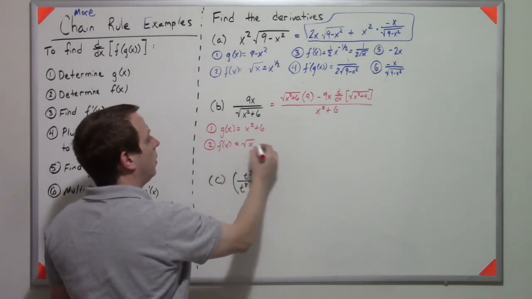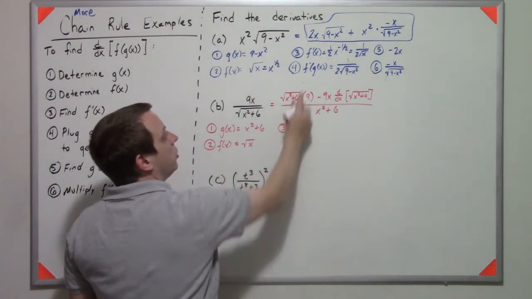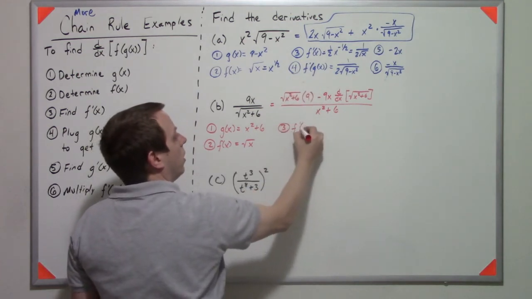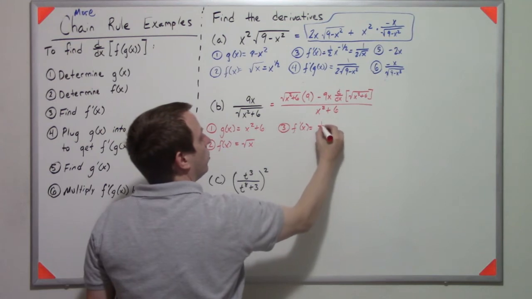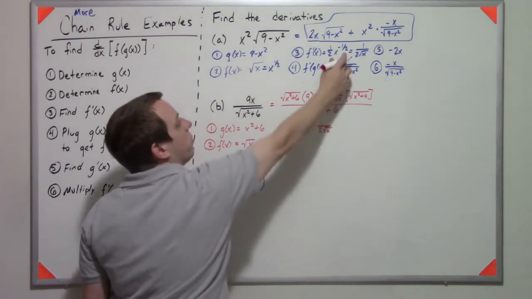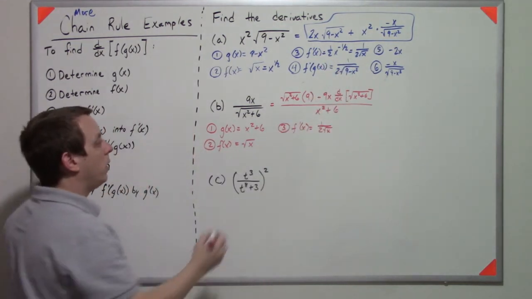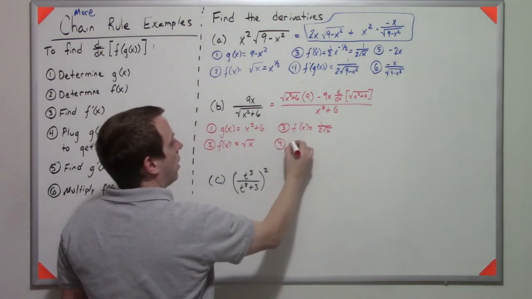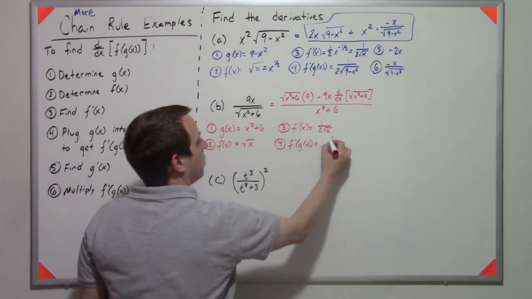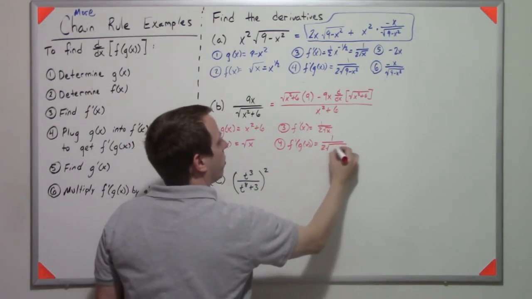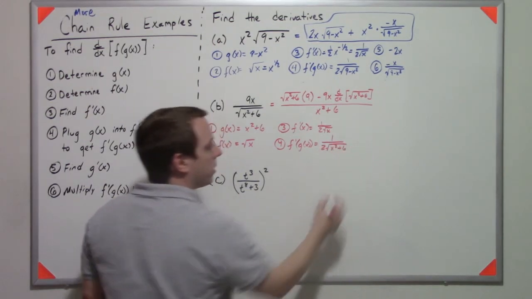And luckily, just like up here, we know f prime of x is 1 over 2 root x. We've already done the work there. And so f prime at g is 1 over 2 square root of x squared plus 6.